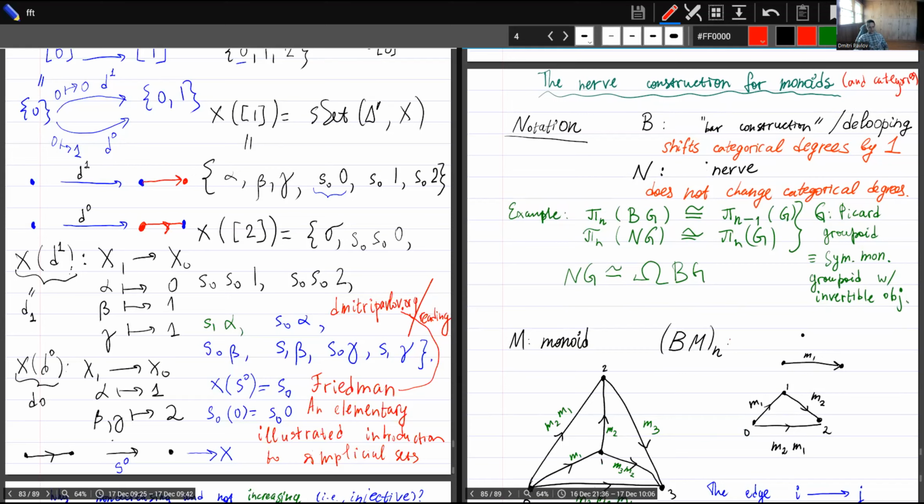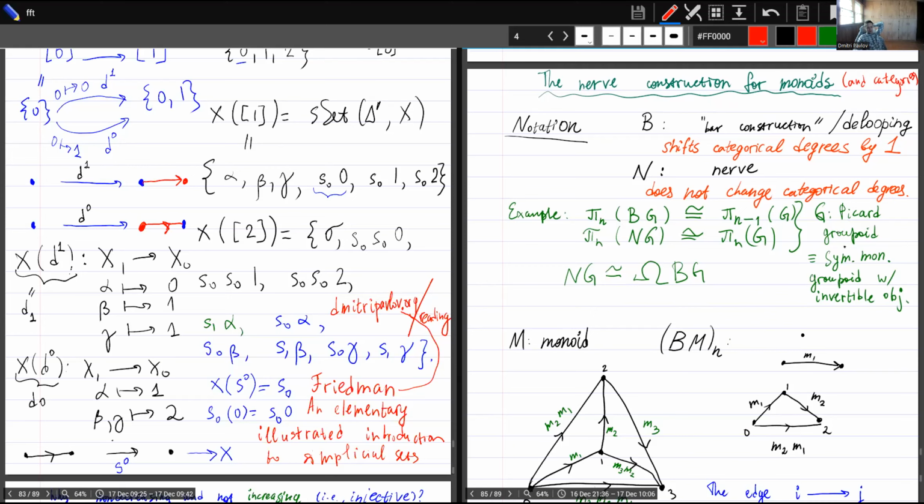The way to distinguish between these two constructions is that one of them shifts categorical degrees, and the other one does not. So what exactly do I mean by this? Here's one example of a potentially ambiguous construction.